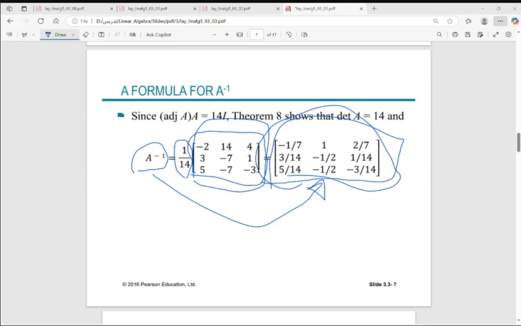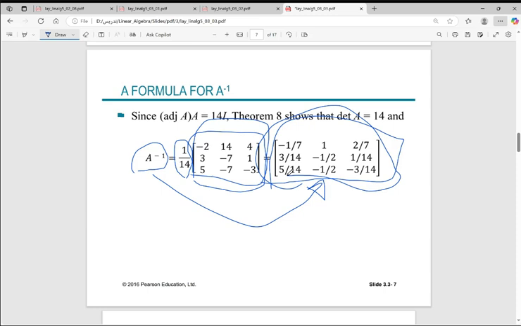Doctor, where do we use these 9 values? So sometimes in the exam, we may ask you explicitly to compute A minus 1 using adjugate. Then you should use this method.